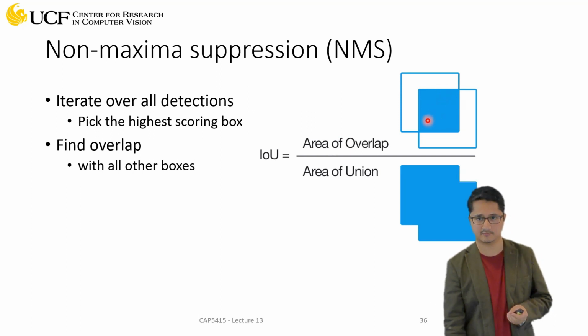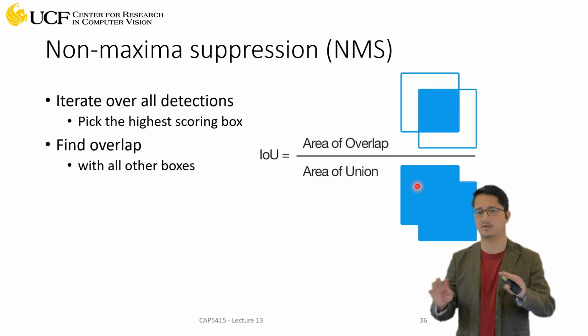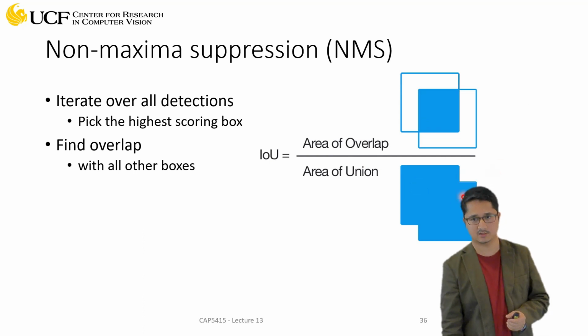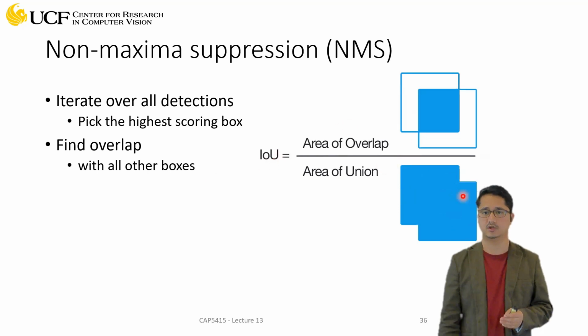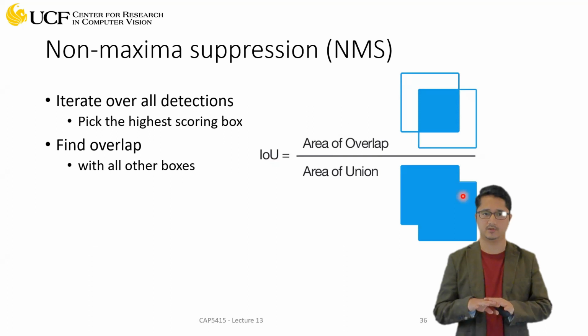We find this area and put that in the numerator. Union is where we combine both the detections and find the area of the union of these two bounding boxes, this blue color over here, and we put that in the denominator. So this intersection over union tells you the overlap between two different bounding boxes.